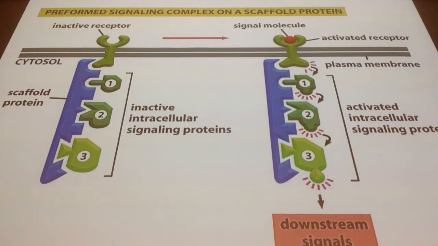Oh no. So more about scaffolding. Scaffolding can also help, again, the same idea, gather all these enzymes. So in a pathway, sometimes you have an enzyme, right? You have a pathway, a series of reactions, right?